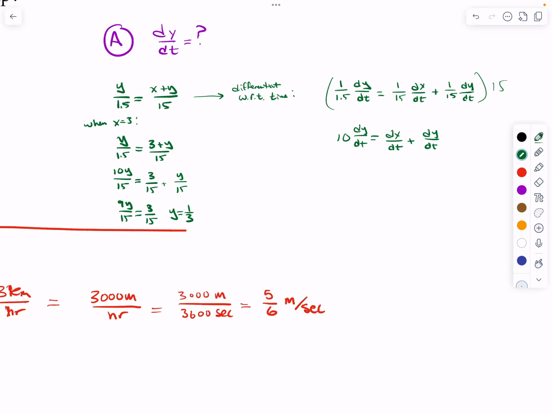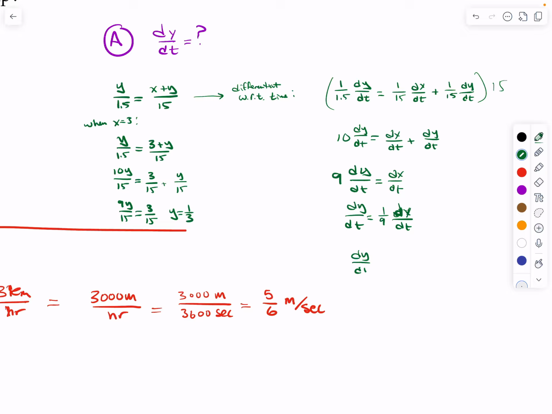That's better. So subtract dy over dt from both sides. And that gives us that dy over dt is 1/9 of dx over dt. So the shadow is growing at a rate that is exactly 1/9 the speed of the woman. And so let's plug in the known values.